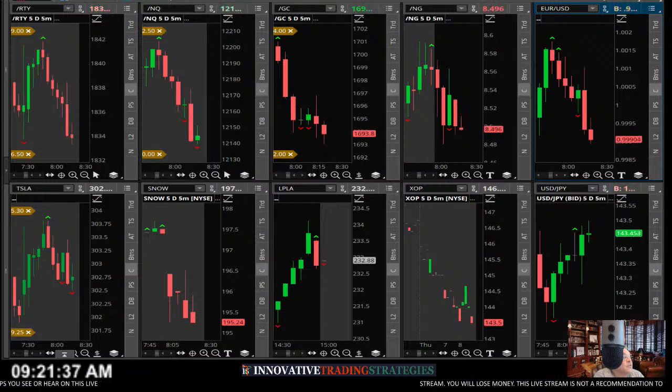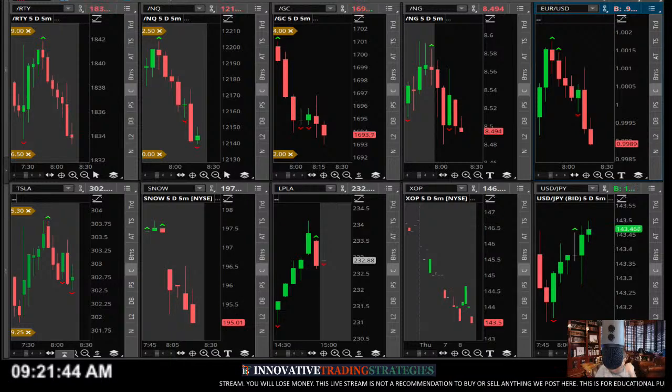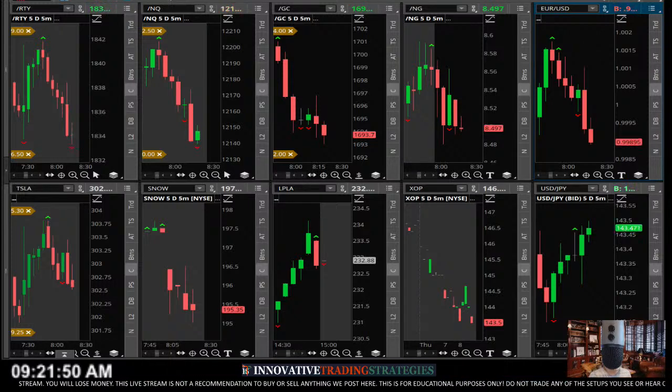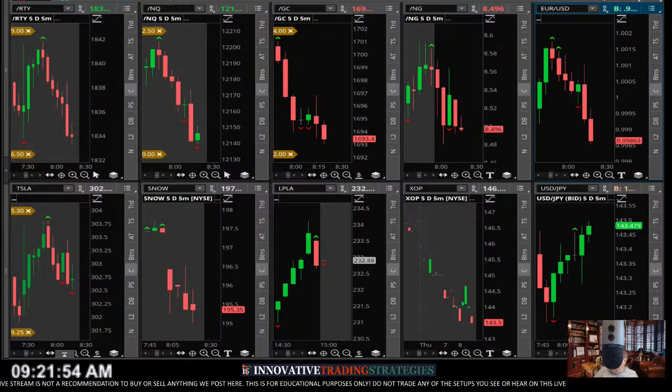A lot of time, still looking for a lower opening. So what's going on? The question is, are we going to come down and fill that gap today and then run up? I don't know. We'll see. I'm not so sure it's going to do that. I wouldn't be surprised to see a lower opening and then maybe creep its way up.